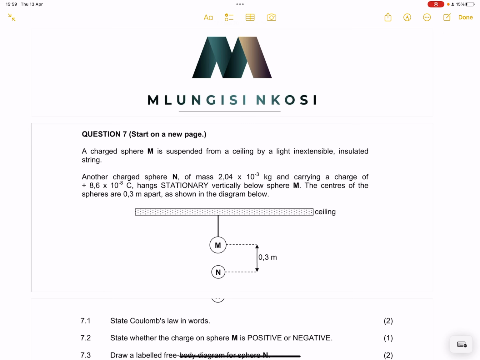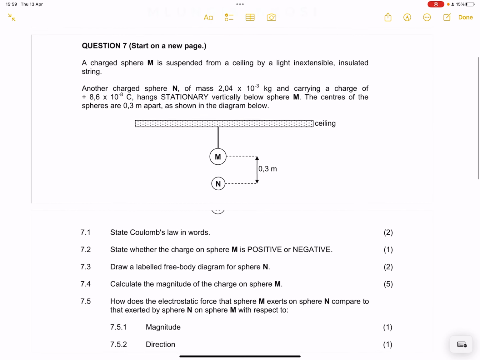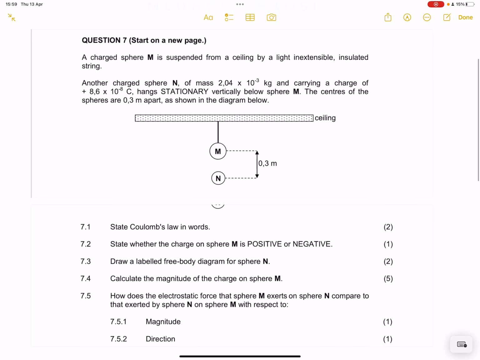So today we are looking at electrostatics. Let's get right into our question. We've got a charged sphere M, which is suspended from a ceiling by a light inextensible insulated string.